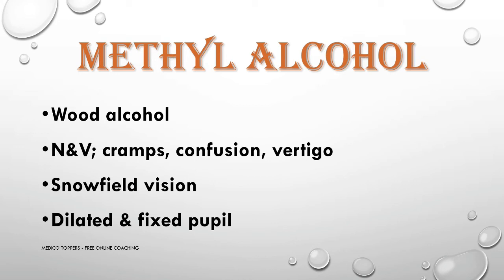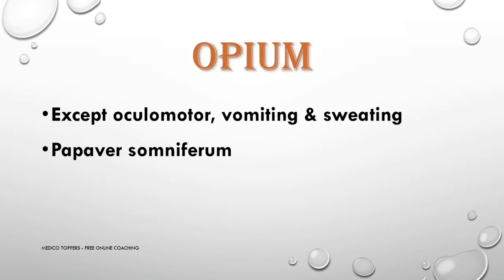The symptoms can be headache, dizziness, neck stiffness, confusion, vertigo, muscular weakness, etc. Late symptoms can be ocular toxicity, where the pupils will be dilated and fixed. Visual disturbances occur like photophobia, blurred or misty vision, etc. So snow field vision is there, and the fatal dose is 60 to 200 ml. In some cases ethanol is the antidote.